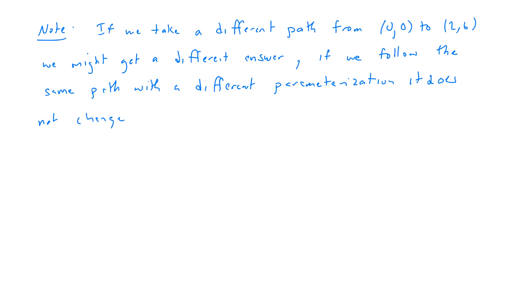So here, in the last one, I'm following along the path y equals x squared plus x, and we did the parameterization t. Well, there's no reason I have to call it t.